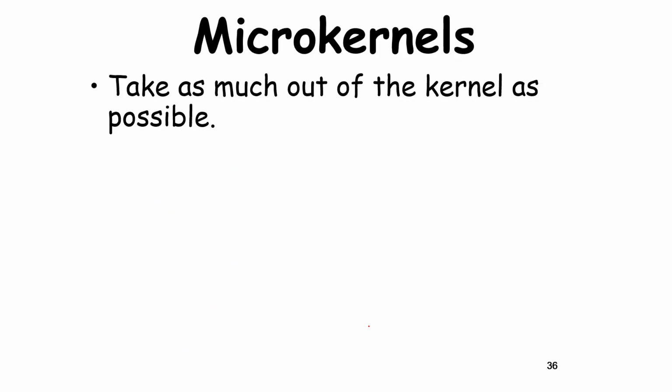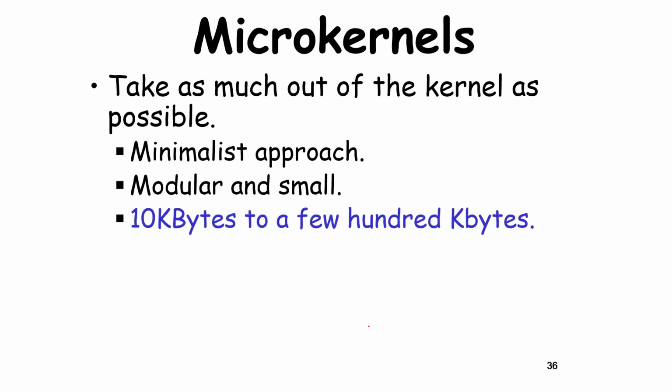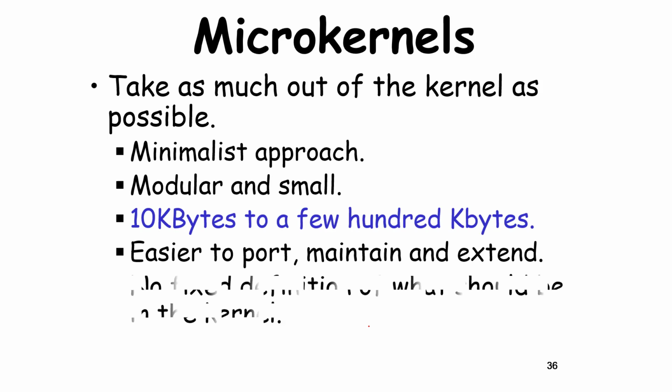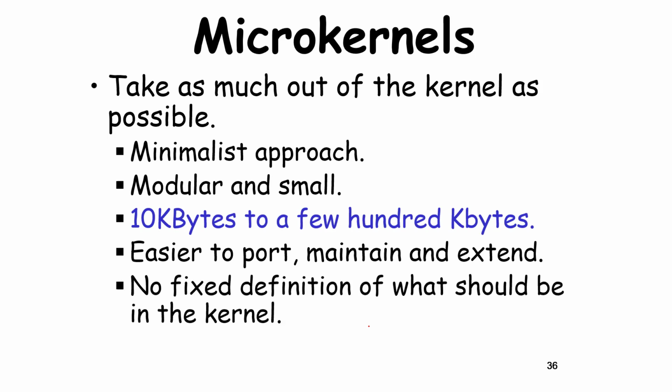So let's now touch on the issue of microkernels. We have seen that they take away a lot of the work from traditional kernels. They're small. They are very easy to port, maintain, and extend as long as the interface to the microkernel is respected by all the KPIs or the add-ons or the plugins, right?